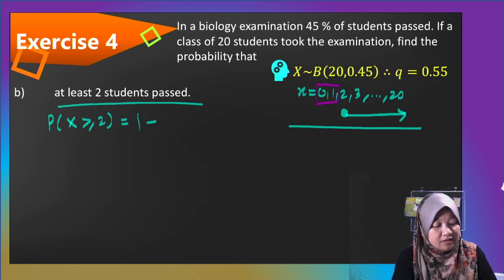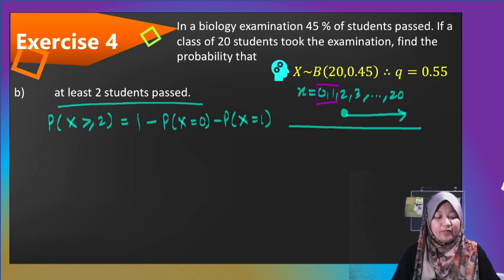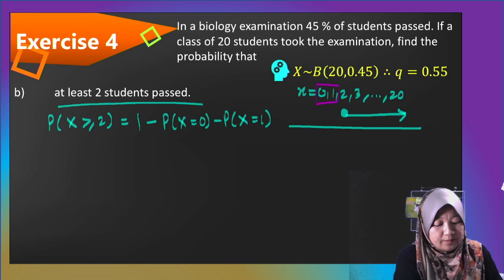Okay. Jadi probability X equal to 0 minus probability X equal to 1. Right.